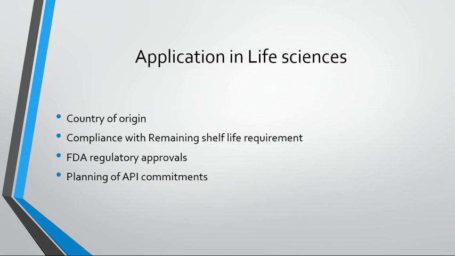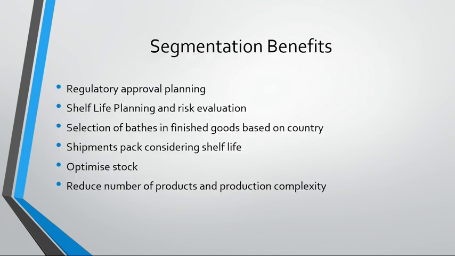If I need this product, there should be 2 months or 6 months expiry. Shelf life of the product is supposed to be there. So those kinds of things we can handle. FDA regulatory approvals are also there. API commitments we can handle. If you have some API materials, those can also be handled in it.